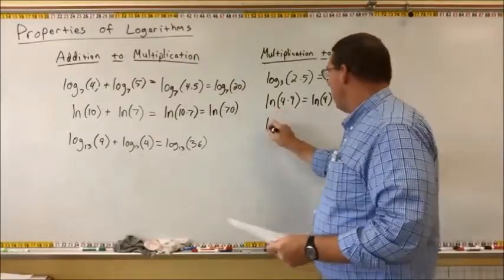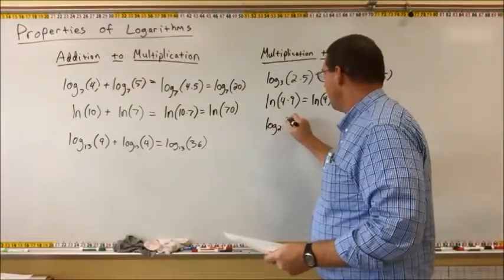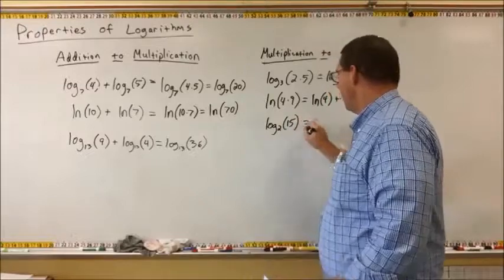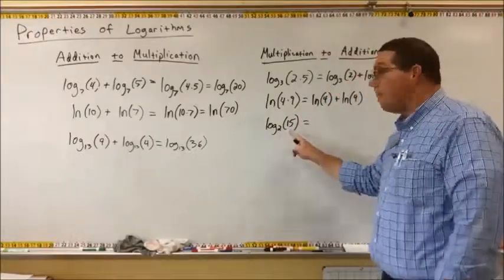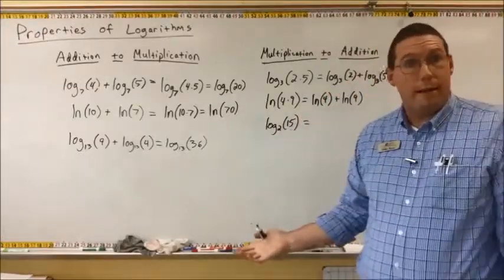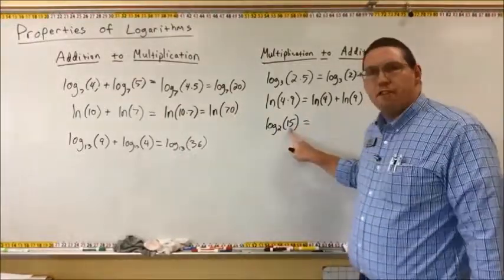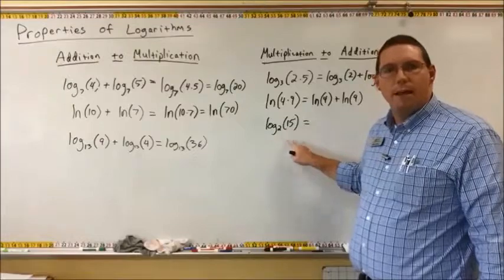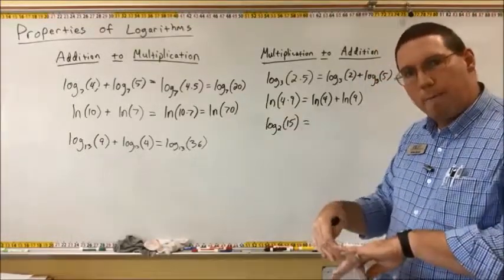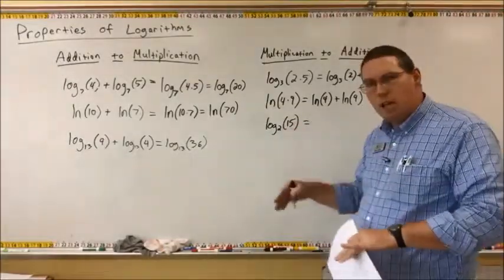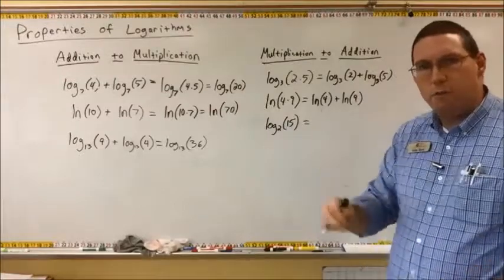What if I had log base 2 of 15? Log base 2, well, this is only one number. It's just 15, so I can't do anything with it, right? Wrong. What can 15 be broken up into? Can we break that up into 2 numbers that are multiplied by each other? Is 15 equal to the product of 2 numbers?